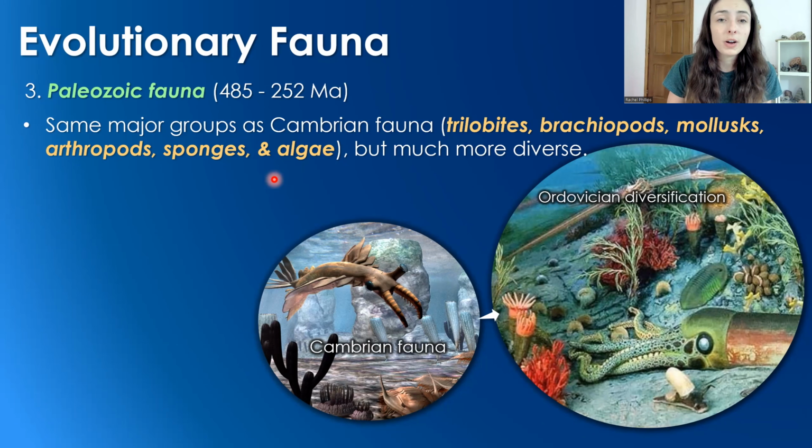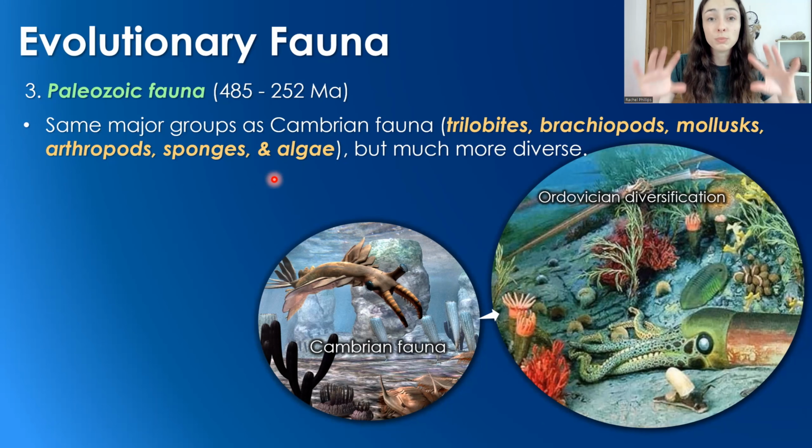Now, the Paleozoic fauna transition from the Cambrian fauna wasn't necessarily a full replacement. Many groups were the same as the Cambrian fauna, at least phyla-wise, large group-wise, but the species representing them kind of changed or evolved, advanced. For example, Cambrian fauna included things like trilobites, brachiopods, mollusks, arthropods, sponges, and algae, but these became much more diverse, and their dominant groups or dominant species within these larger groups changed.